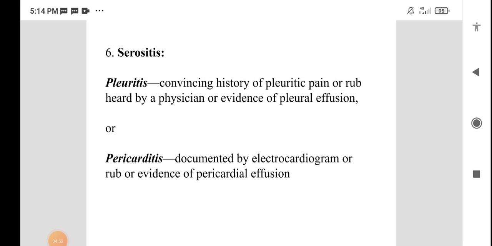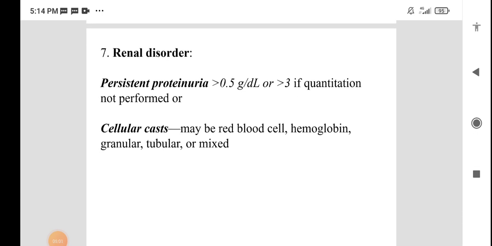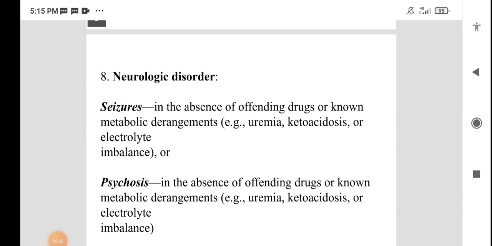Or pericarditis, documented by electrocardiogram or rub or evidence of pericardial effusion. Renal disorder: persistent proteinuria, more than 0.5 gram per day, or greater than 3+ if quantification is not performed. Cellular casts, maybe RBC casts, granular, tubular, or mixed type of casts that you come across here.